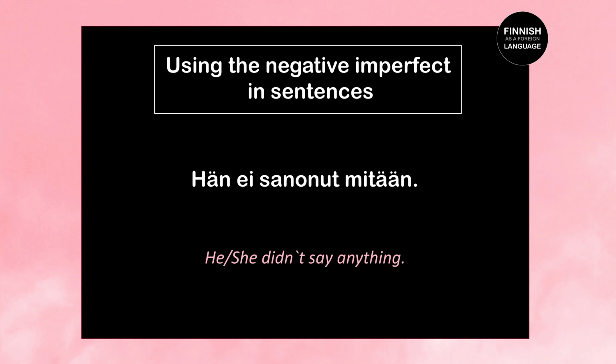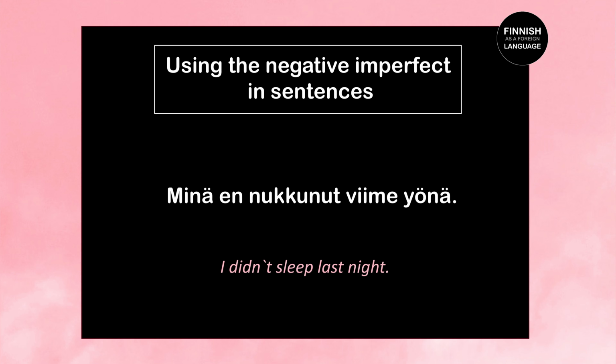Next one. Hän ei sanonut mitään means he didn't say anything. Hän ei sanonut is the third person singular negative imperfect of the verb sanoa, which means to say. Hän ei sanonut mitään. He didn't say anything. Next one. Minä en nukkunut viime yönä means I didn't sleep last night.